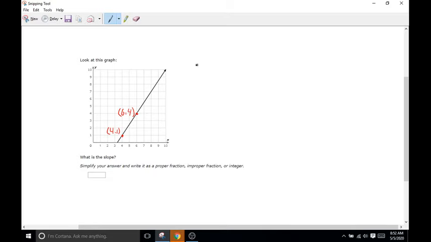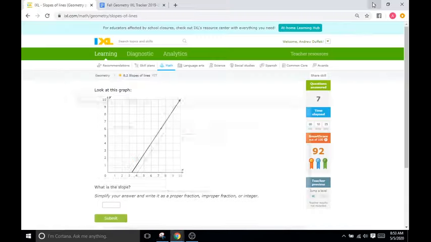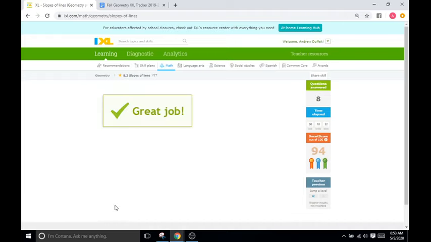And so we'll do our y2 minus y1 over x2 minus x1. y2 I'm going to say is 4 minus y1, which is 1, all over x2 is 6 minus 4. That ends up being 3 over 2, or 1.5, whatever you want to write. So I'll leave it in fraction form. 3 over 2. There we go.